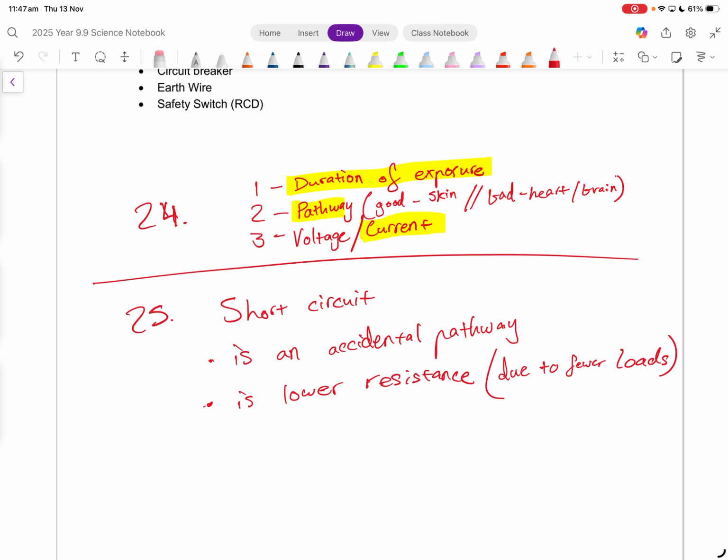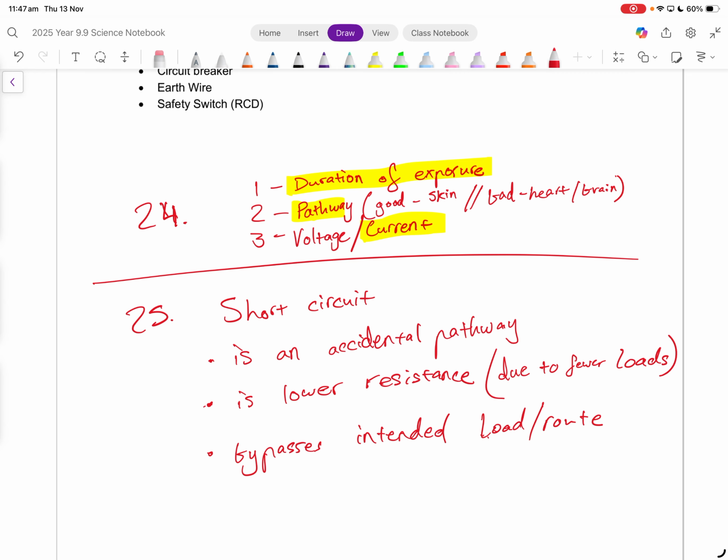Bypasses load, intended load. Great. Bypasses intended load slash route. Okay. So, in the case of a short circuit, why are they so dangerous?